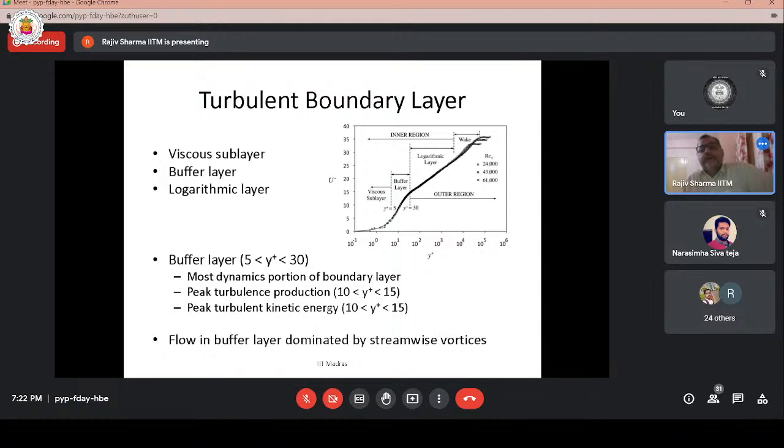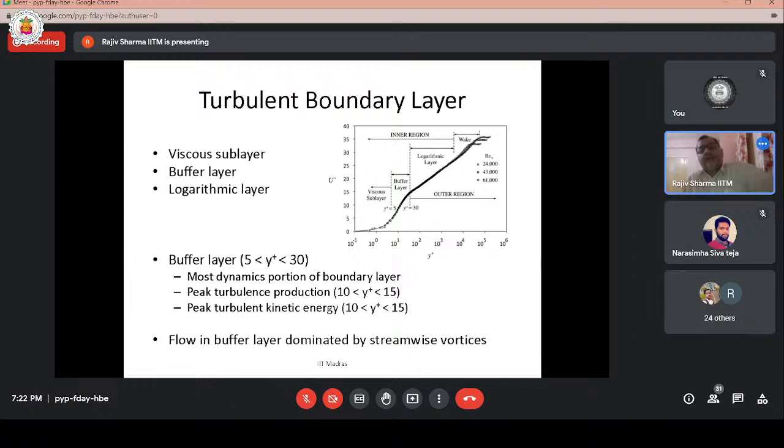Reynolds number range, where it will dominate, lower Reynolds number range, and the higher Reynolds number range. Viscous sublayer is the place where you have the dominance of friction coming primarily because of the viscosity.